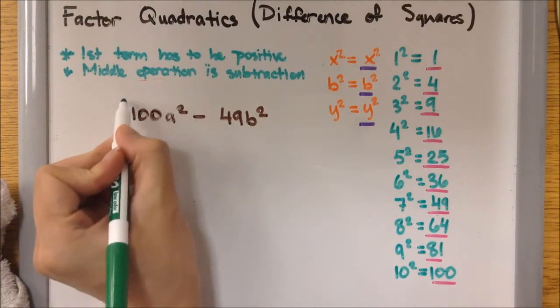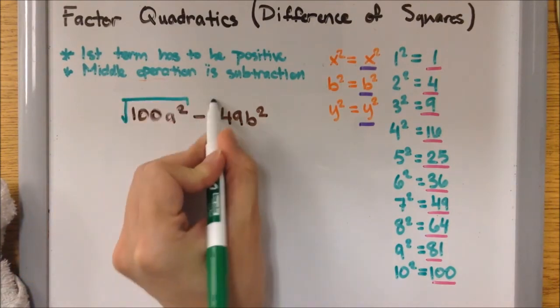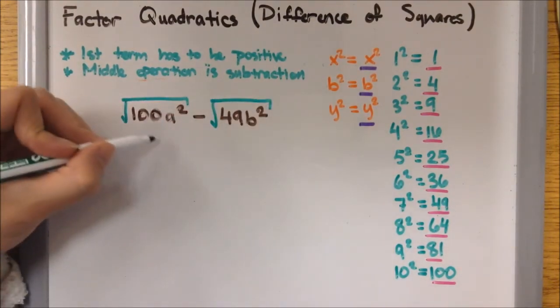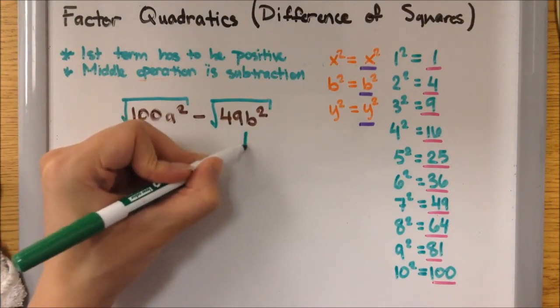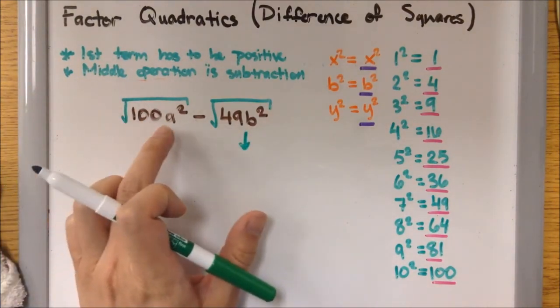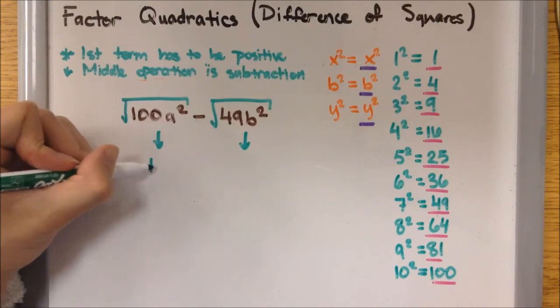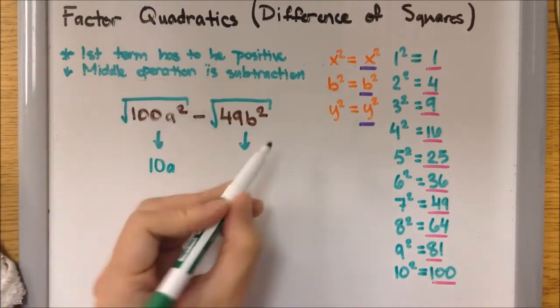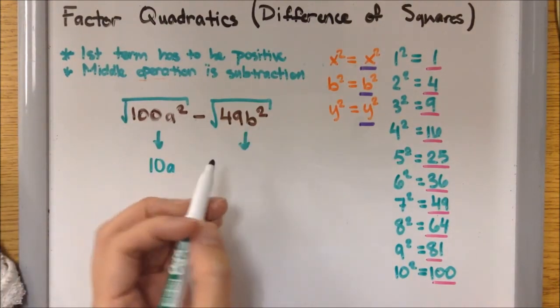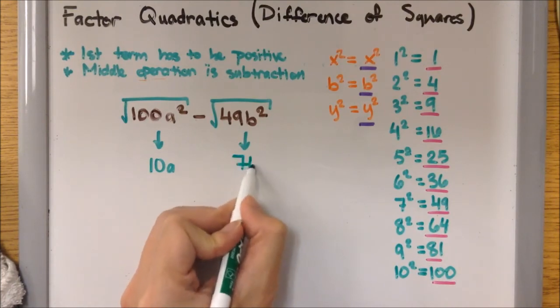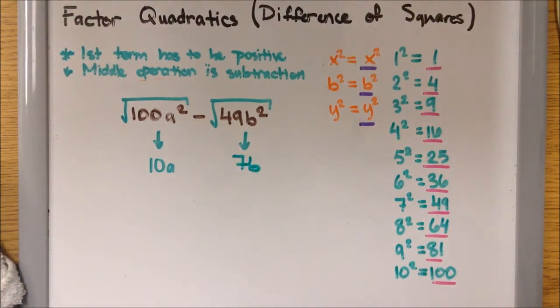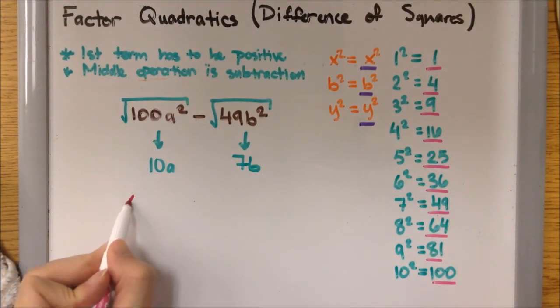So square root the first term, square root the last term. The square root of 100a squared will be 10a. The square root of 49b squared will be 7b. So we're going to put a set of parentheses.